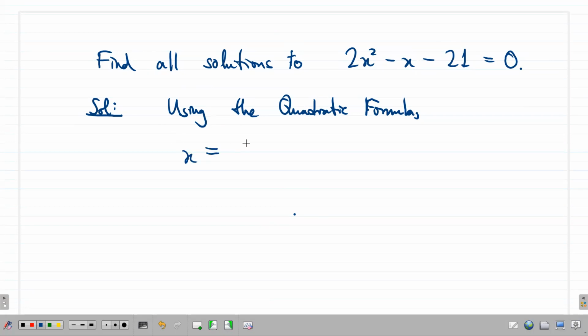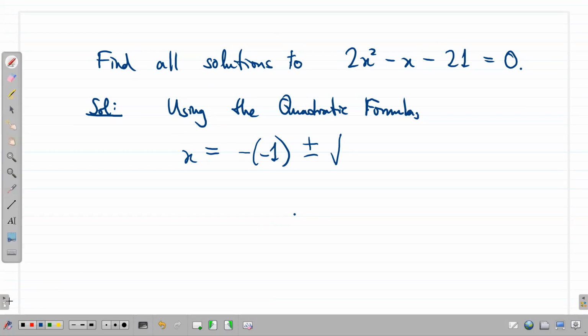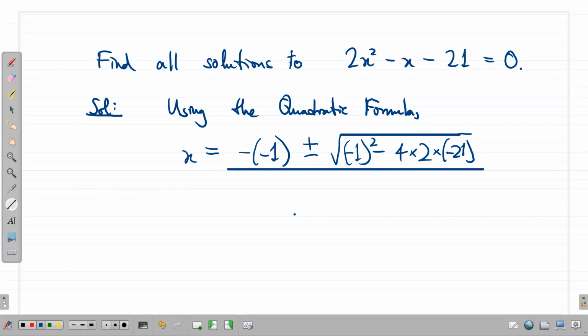So if I substitute in these values, I'll get minus b plus or minus the square root of b squared minus 4 times a times c, all divided by 2 times a. So 2 times 2.